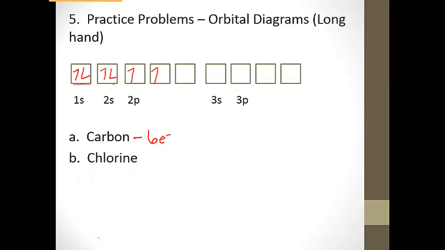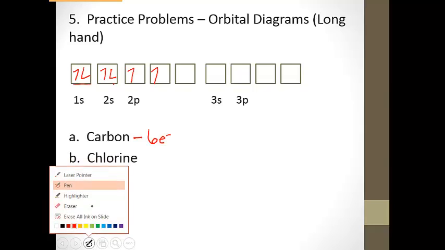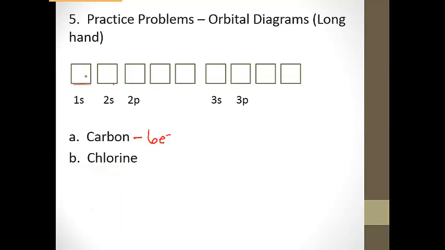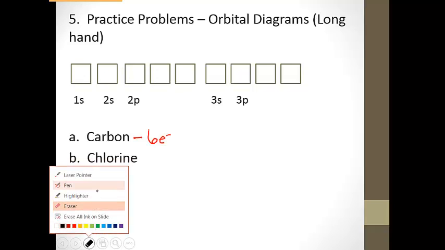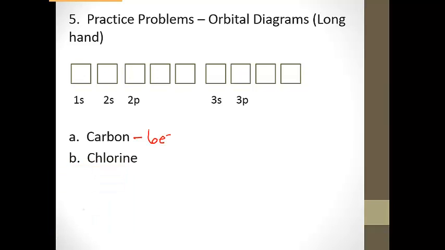So now let's try chlorine. This one has a few extra electrons. If you look at your periodic table, chlorine has 17 electrons. So we have more of those arrows that we're going to have to place this time. But again, you're always going to start with the 1s. So again, we're going to have 2 electrons that need to go there.